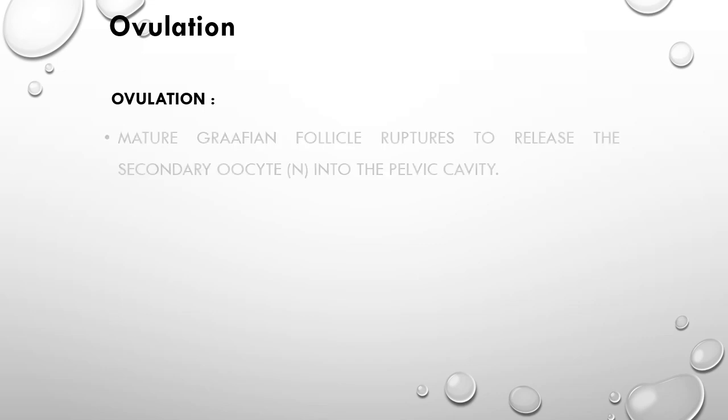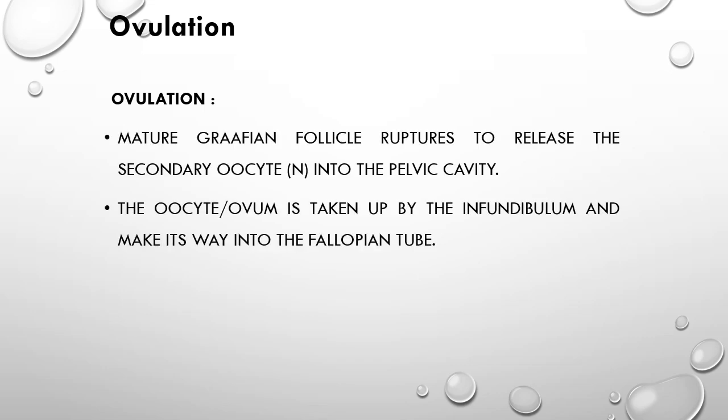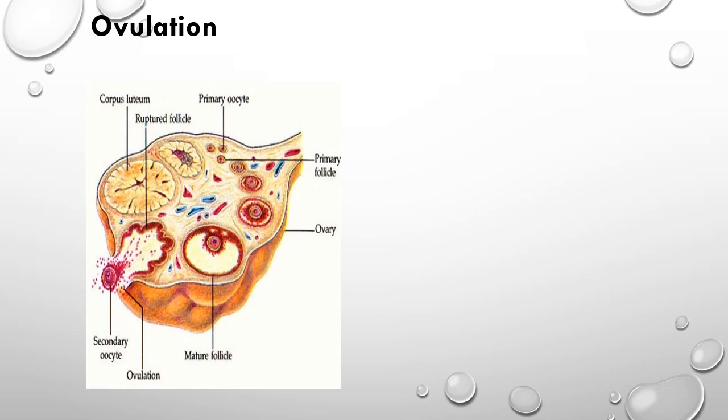So the most important step in oogenesis is ovulation. So what is ovulation? Ovulation is the process of release of the mature ovum. After the development of the ovum inside the Graafian follicle, the release of the ovum from the Graafian follicle of the ovary takes place, and that we call ovulation.